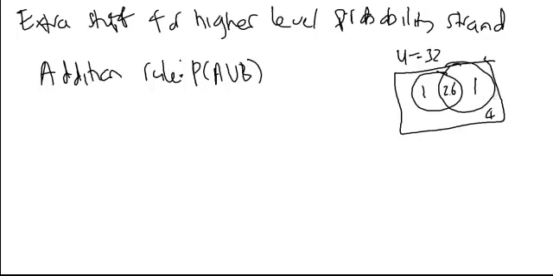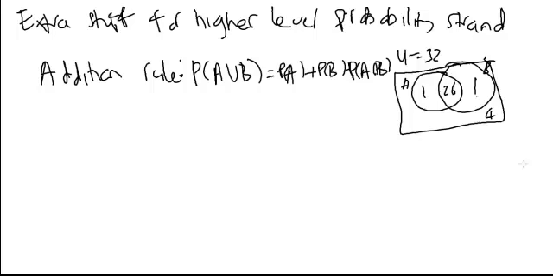This circle is the set A, and that circle is the set B. So the probability that someone belongs to the set A or B, likes ice cream or likes chocolate, so if you like chocolate but not ice cream, you're included, is just equal to the probability of A plus the probability of B minus the probability of A intersection B. A intersection B means you like chocolate and ice cream, so you're one of these 26 people.